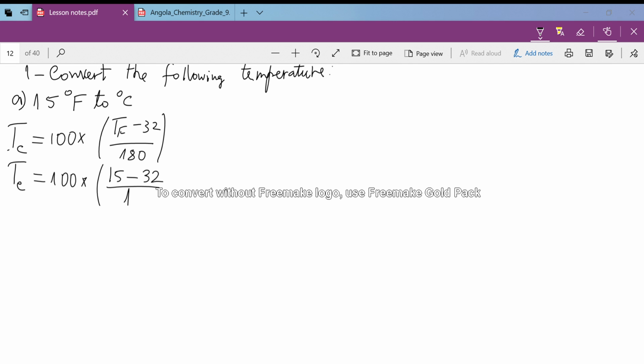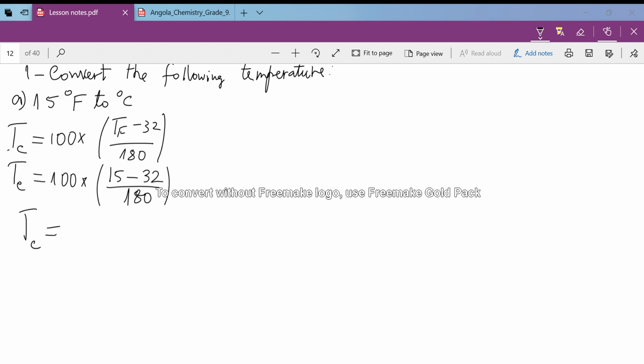Divided by 180. So Tc will be, now here a lot of you make a mistake when you are plugging the numbers in the calculator. Please guys, do it step by step. So first let's do 15 minus 32. The result is minus 17.